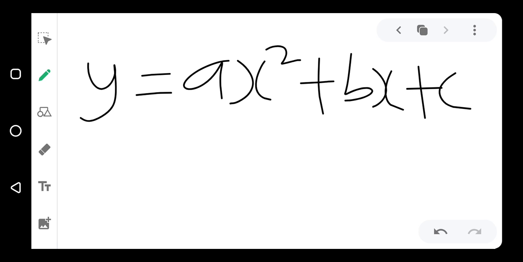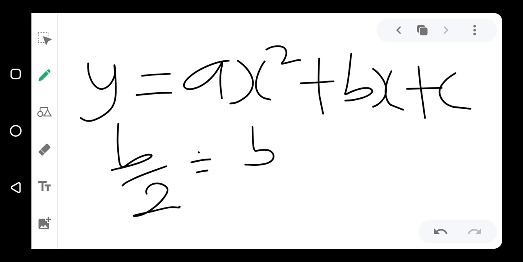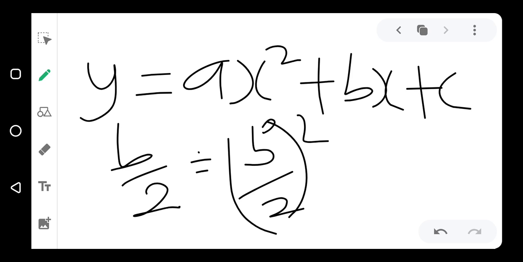Now this here, b is b, so we have b over 2, we find the square of it, we add and subtract it in the same expression.